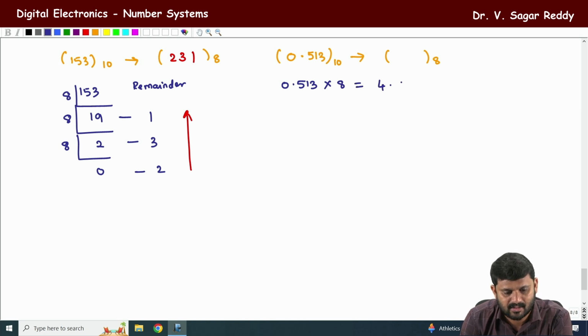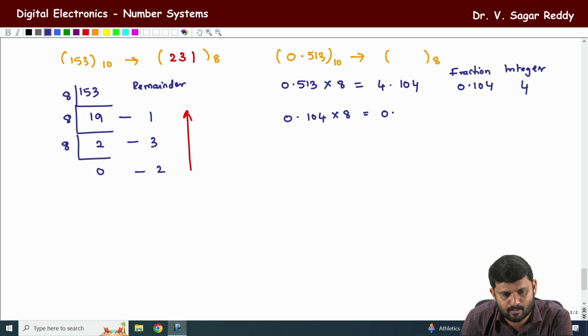We get 4.104. What is the integer part and what is the fraction part? We have to write them individually and take the new fraction. Now here 0.104, integer is 4. Now I'll take this new fraction 0.104 and multiply with 8, and I'll get 0.832.